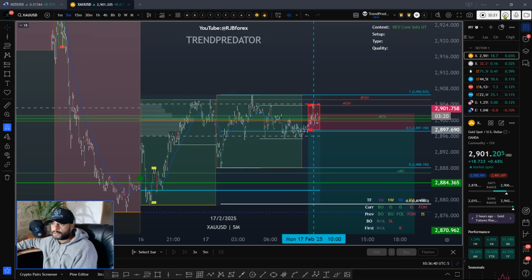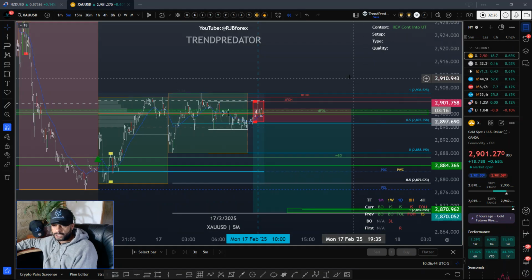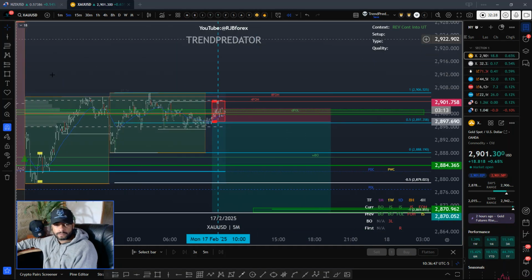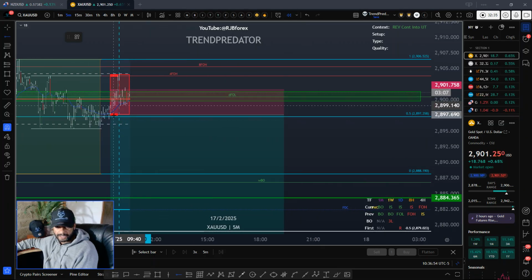Okay. So what we'll do now is we'll switch over to some of these setups that have been flashing, and we'll put an alarm on a breakout.